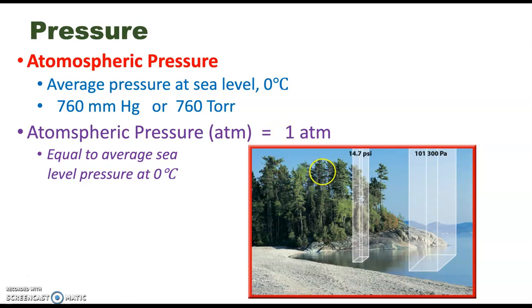If you want to talk about it in PSI, that's 14.7 PSI. And this is where I told you pascals are really small. It's 101,300 pascals, which is a big number, and it's kind of annoying to work with those big numbers. So that's why pascals aren't used very often. But if you think about that, on your body, every square inch, there's 14.7 pounds pushing on it from the air pressure around you, which is quite significant.